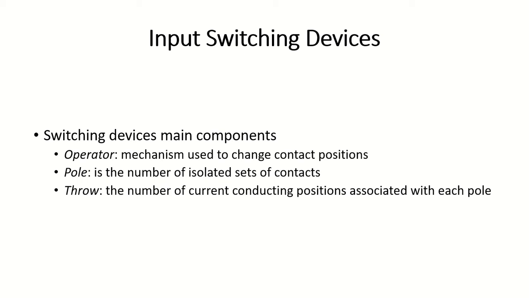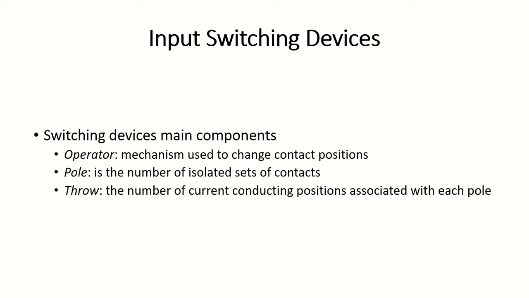The next part of our main components would be our poles. So on the back side of that push button, you're going to have contact blocks that attach these contacts to your operator. And you can order these in many different styles and configurations, where you may have one set of normally open or normally closed contacts.